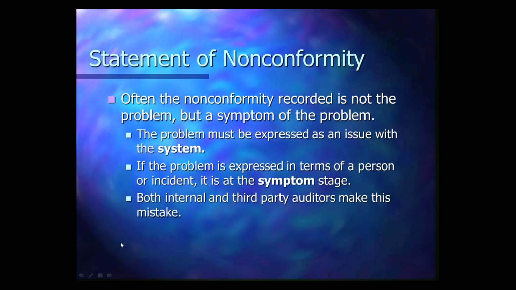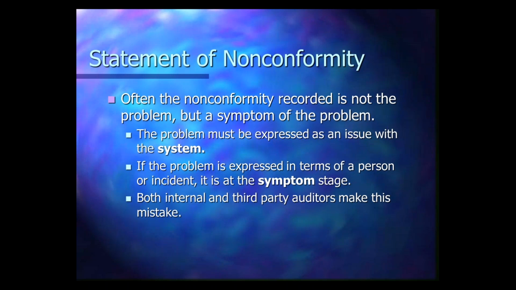So let's talk about some pitfalls when writing a nonconformity. Often, the nonconformity recorded is not the problem, but instead a symptom of the problem. The problem needs to be expressed as an issue with the system. If it's written in terms of a person or a specific incident, an uncontrolled gauge, a single form, then it's at the symptom stage, and this is not appropriate.